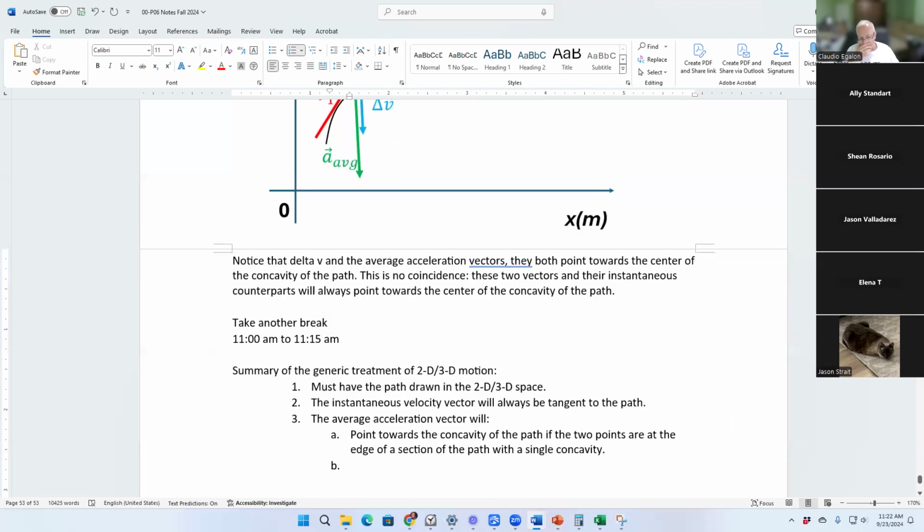B. If the 2 points encompass 2 or more different concavities, nothing can be said about the general direction of the average acceleration vector.